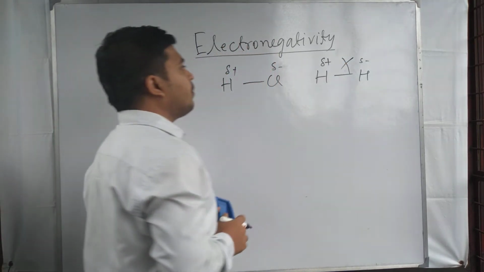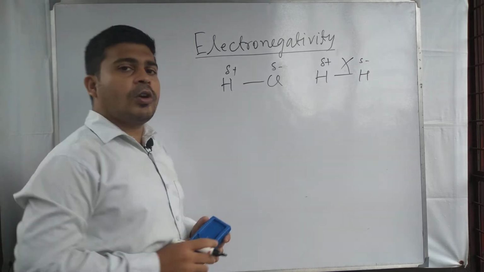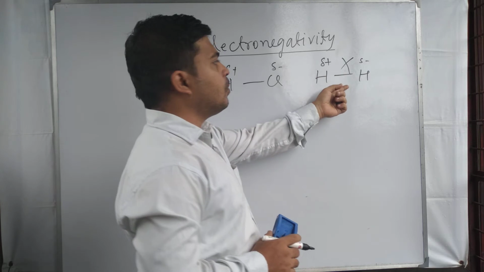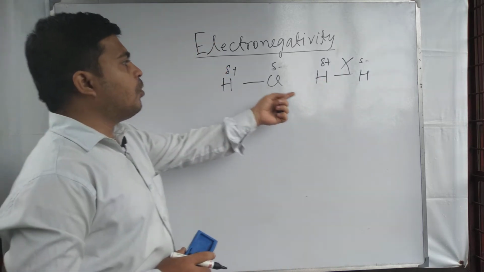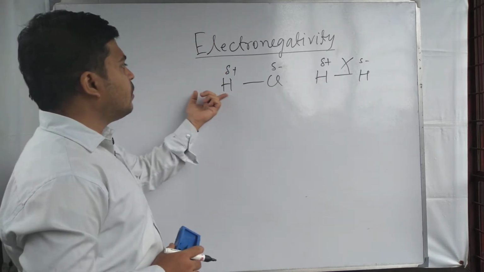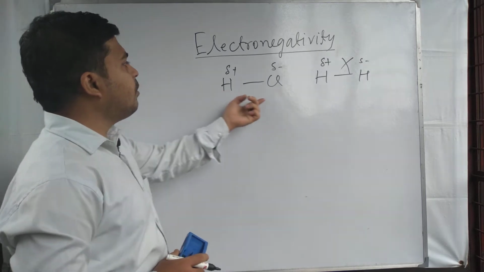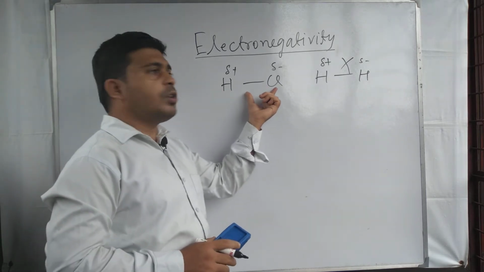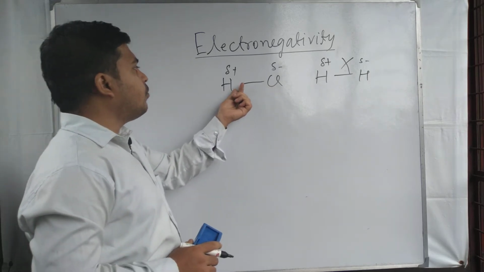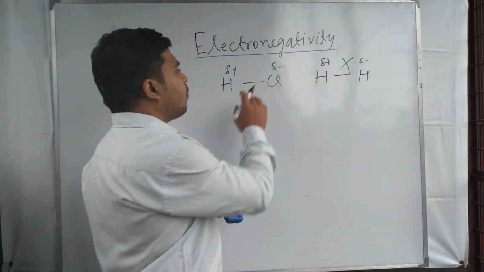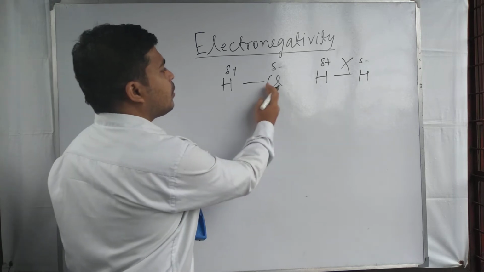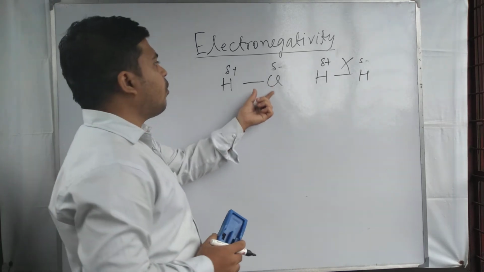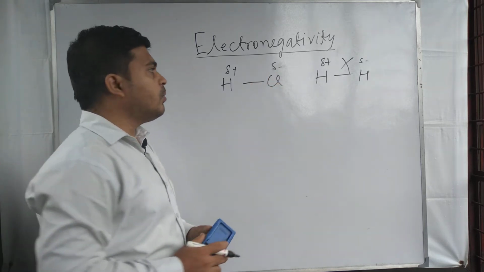This charge separation is not possible in H2, because the distribution of electrons in the H2 molecule is equal in both hydrogen atoms. But in the HCl molecule, the bonding electron pair is not distributed equally between hydrogen and chlorine. Here the bonding pair is shifted more towards chlorine. Chlorine is acquiring the electron pair more, so chlorine is getting negatively charged.